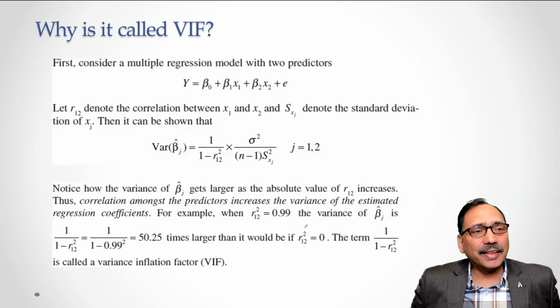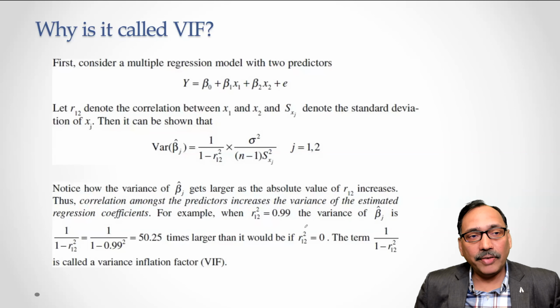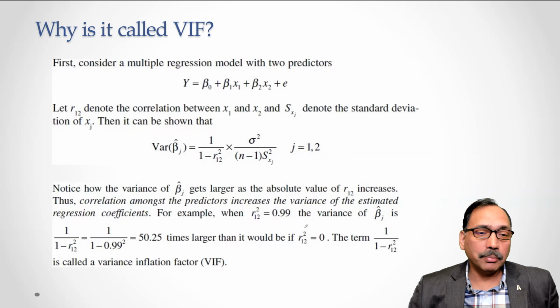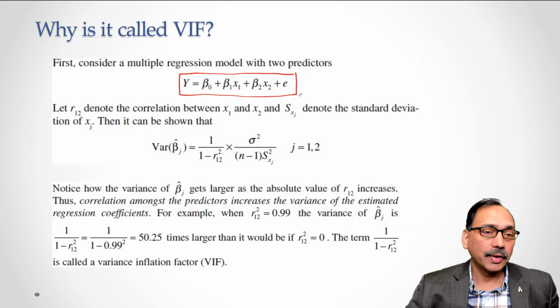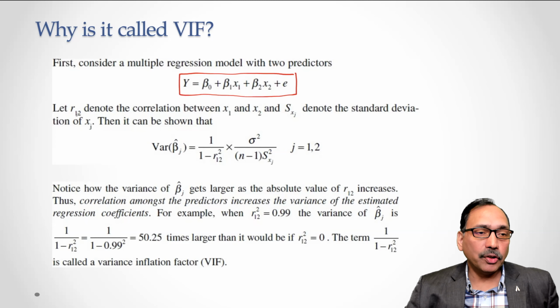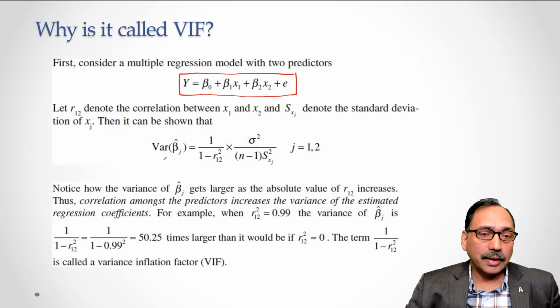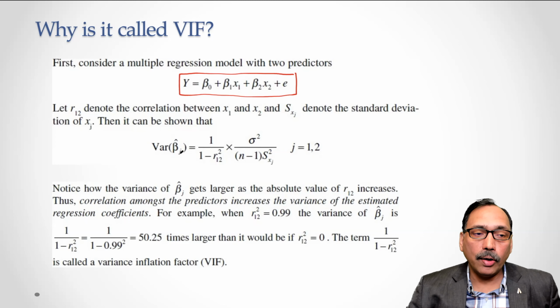Now, why is it called a variance inflation factor? Some theory is given here. If you consider this multiple linear regression model with only 2 predictors, and you denote the correlation coefficient between 1 and 2 as R12, then it's not difficult to show that the variance of the coefficient is given by this equation.